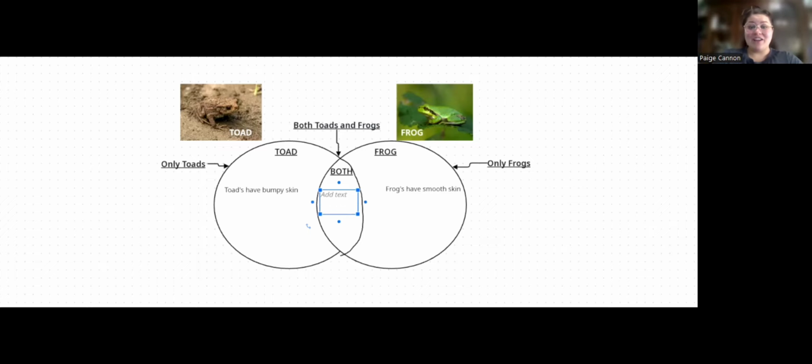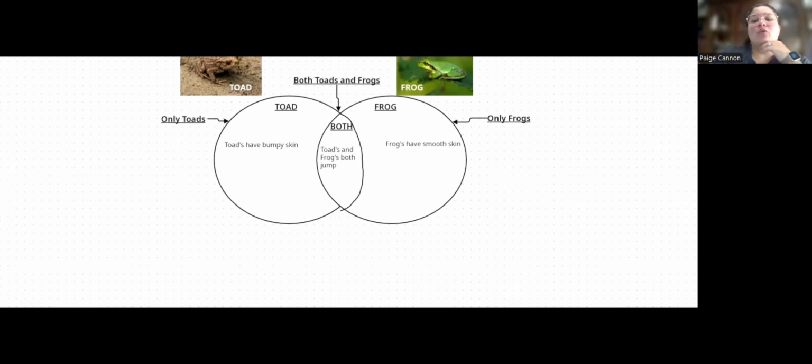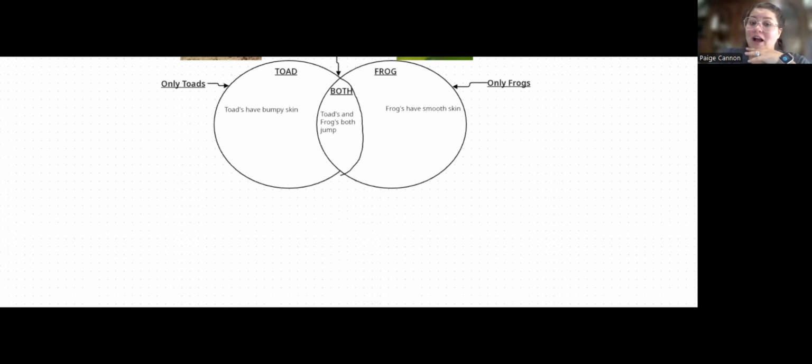That's very good, guys. So these are some good fun things that we've learned. So we know that toads have bumpy skin, that frogs have smooth skin, and we know that they both can jump. Very good. Now, on your desk, you're going to find your copy of a graphic organizer, okay?